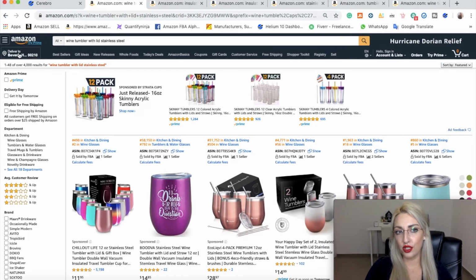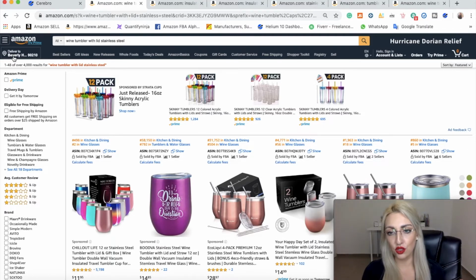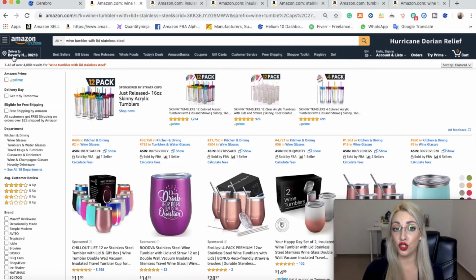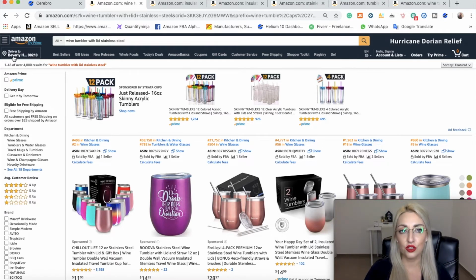Before I continue, if you're outside of America, make sure that you change your delivery address to an American address, or whatever marketplace you're looking to sell in. If you're looking to sell in the UK, make sure it's a UK postal address, because if not, it's not showing you all of the competition as a buyer living within the country that you want to sell in would see.